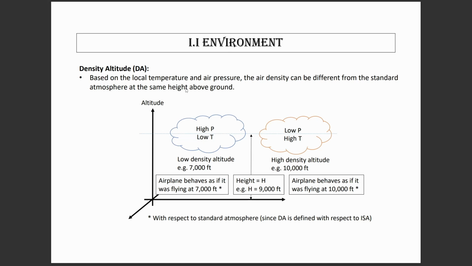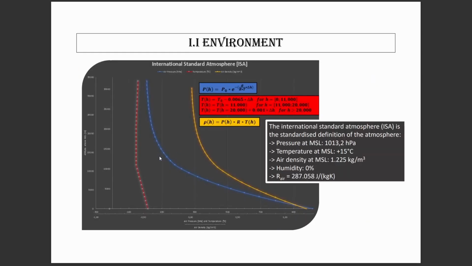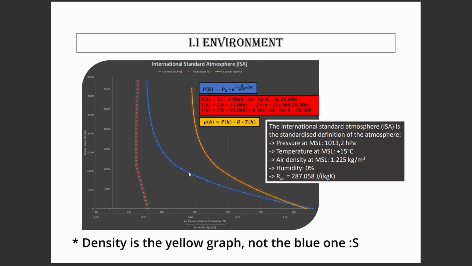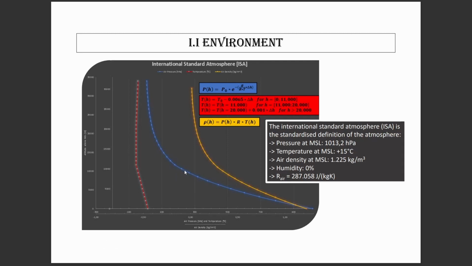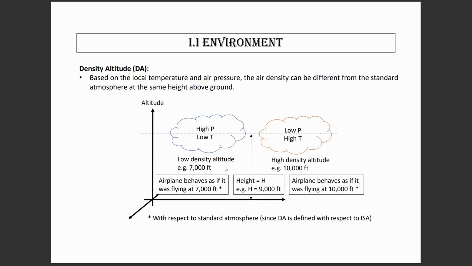We've just looked at the standard atmospheric model, and in the standard atmospheric model, for one specific altitude, for example 10,000 meters, we will find a specific air density value. Now, as I said, due to local variations, that air density value may be different. Maybe we are at 10,000 meters and we measure a density less or higher than the standard model predicts. And that is basically what density altitude is all about.